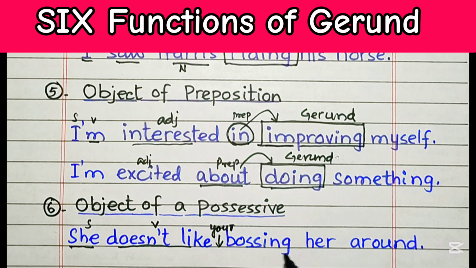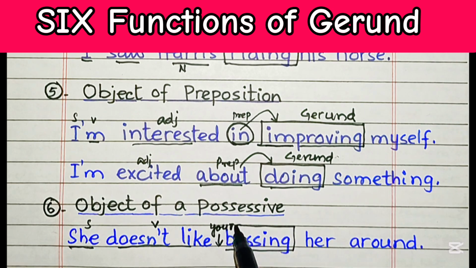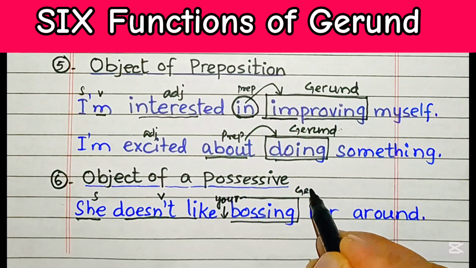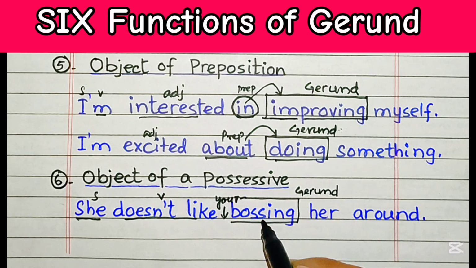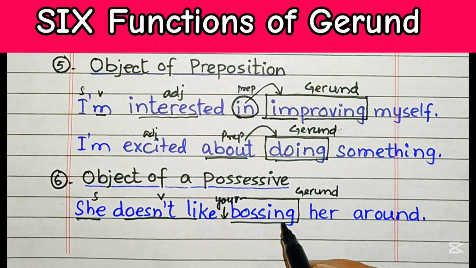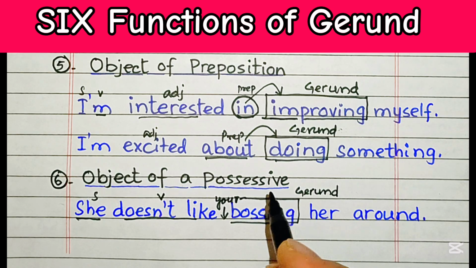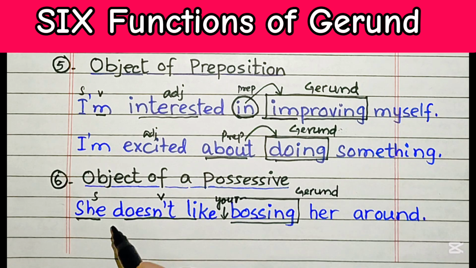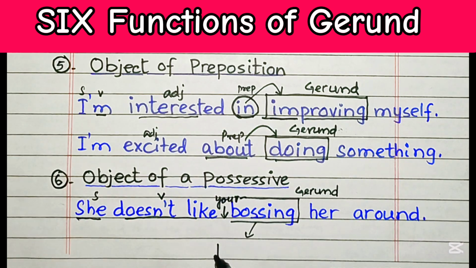So bossing is the gerund in this particular sentence. This is gerund because it has got that verb plus ing structure. Gerund means telling a person what to do.